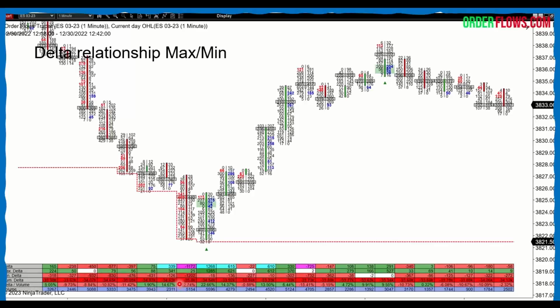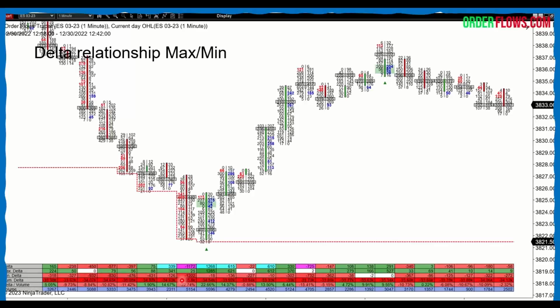Now the min delta is kind of the opposite. It tells you how strong aggressive sellers were. So if you see a min delta of minus 18, it's going to tell you that the strongest the aggressive selling was in the bar was just minus 18 contracts, meaning there were 18 more aggressive sellers than buyers, which is not very strong.